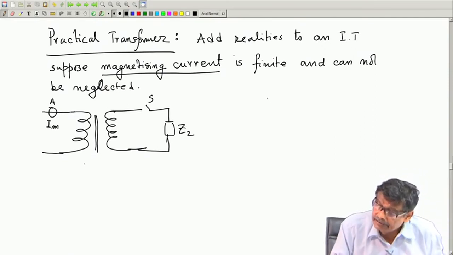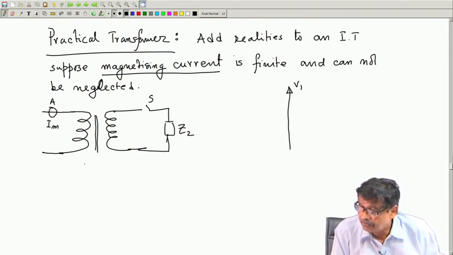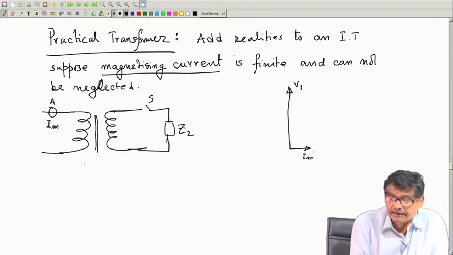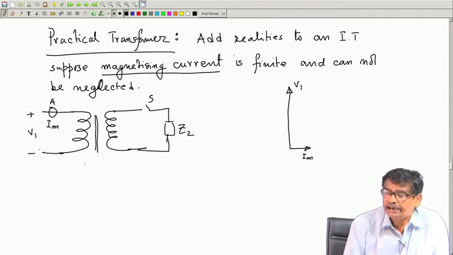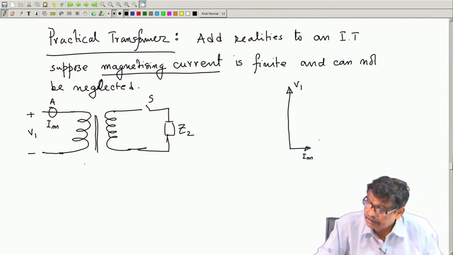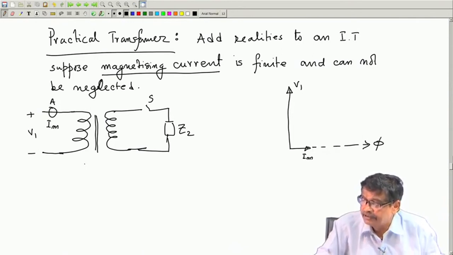So, it is like this. In the phasor diagram, if I draw, this is suppose V 1, there is now finite magnetizing current I m, which will be lagging the supply voltage V 1 by 90 degrees, after all inductance, and this is the axis along which the flux phasor can be shown.